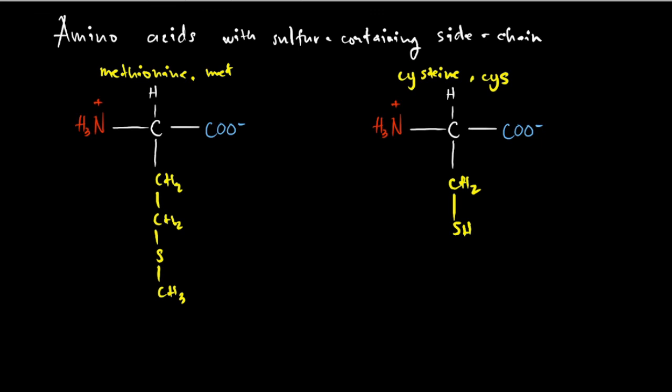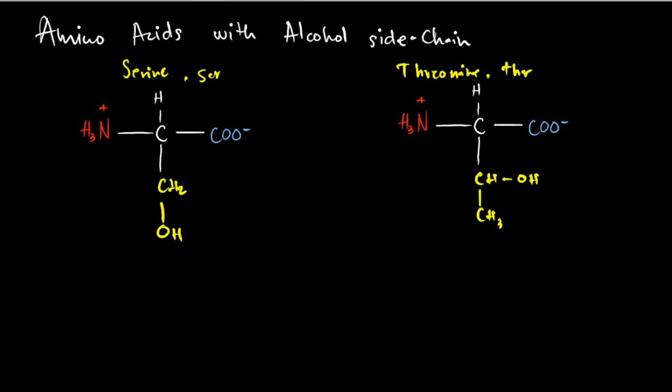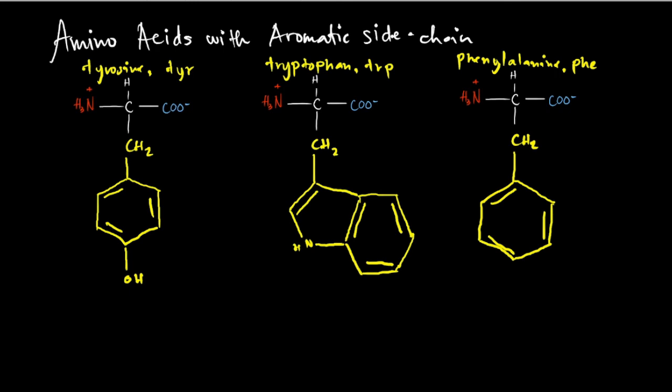These are categorized as polar amino acids due to the presence of sulfur. Also, we have amino acids with alcohol side chains. We have serine and threonine. These are also considered polar amino acids, although they are neutral.